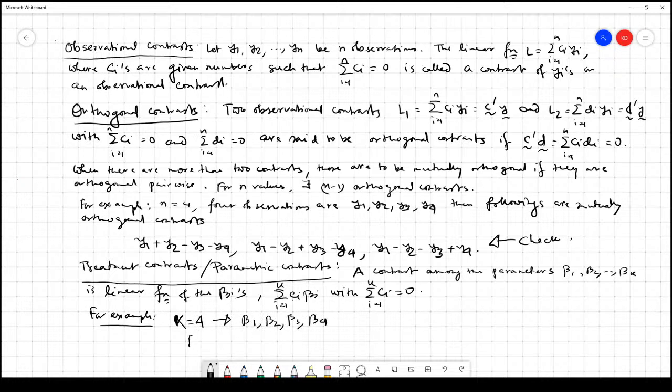So beta 1 minus beta 2, beta 1 minus 2 beta 2 plus beta 3, beta 1 plus beta 2 minus beta 3 minus beta 4. These are all examples of treatment contrast.